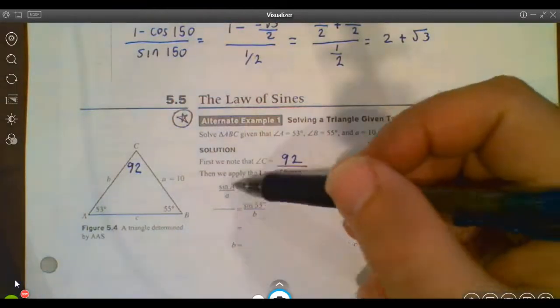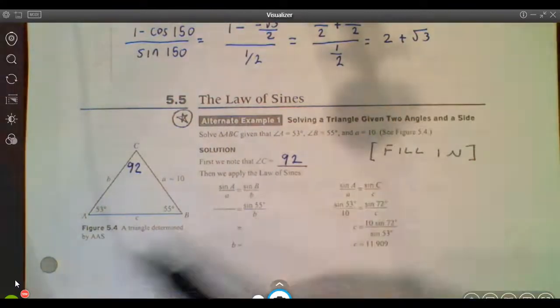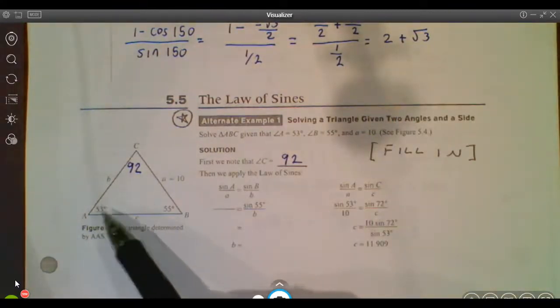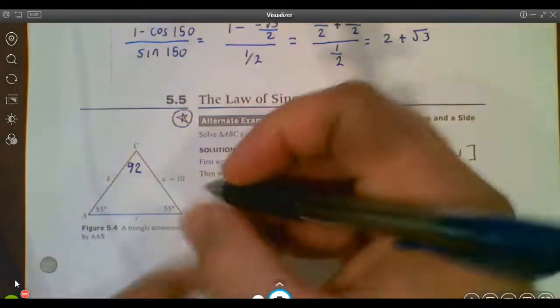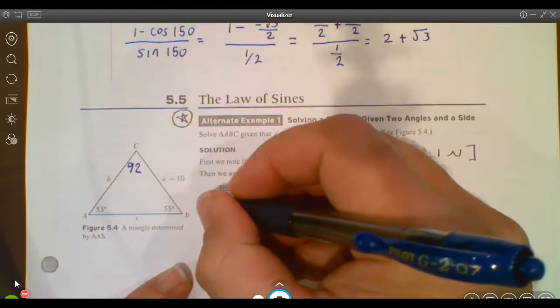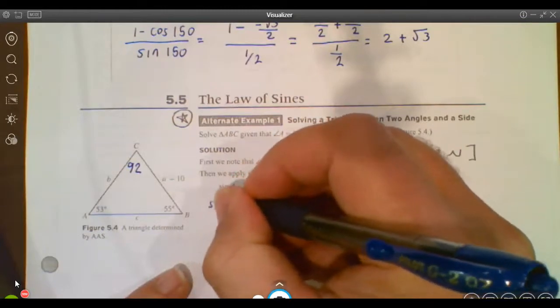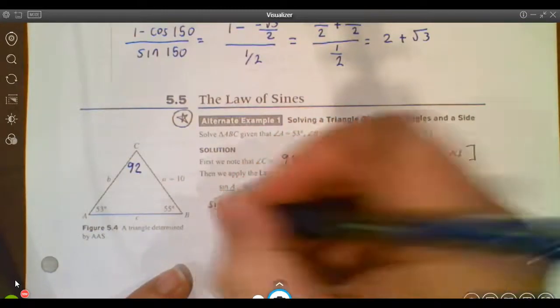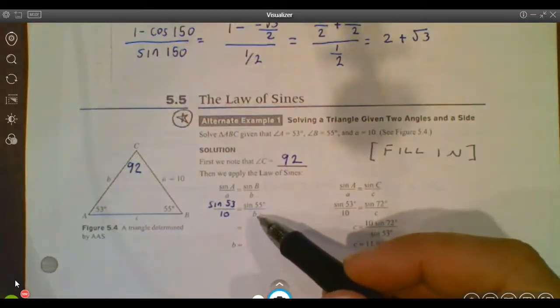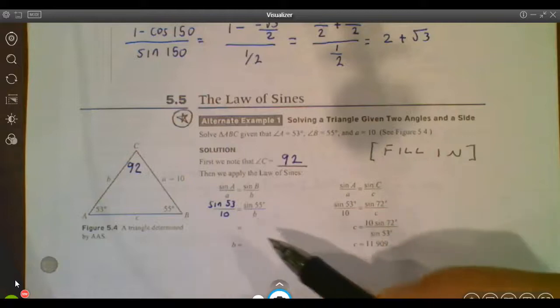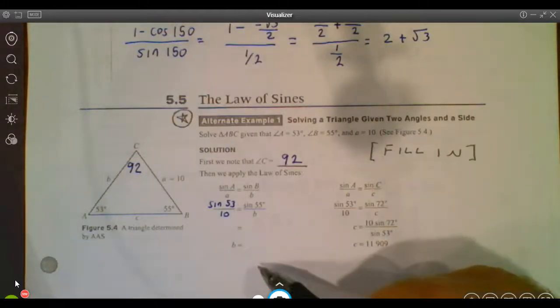So we're just going to fill in the left side ratio. The sine of 53 degrees is across from the side that equals 10. So on top, we're going to say sine 53 over 10. And then here is just another combination of an angle and its opposite side. We're going to solve this proportion.